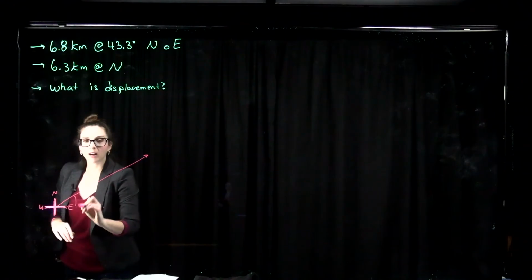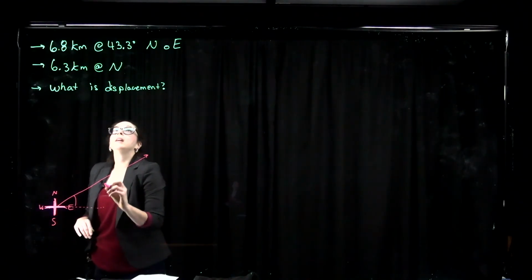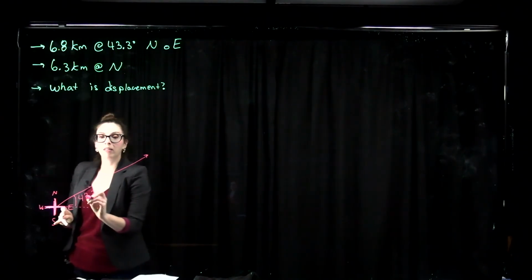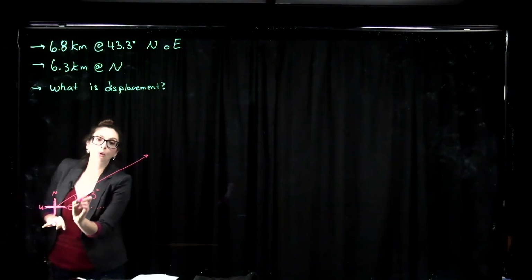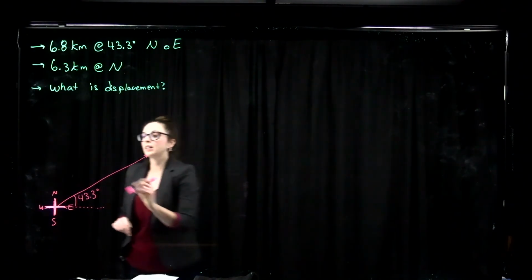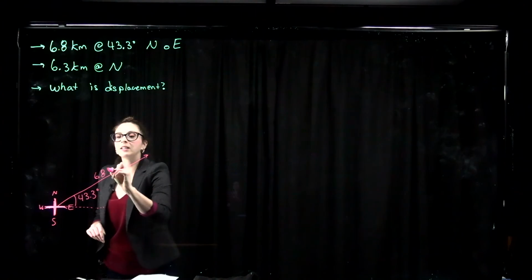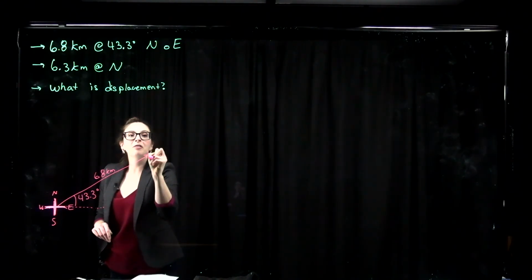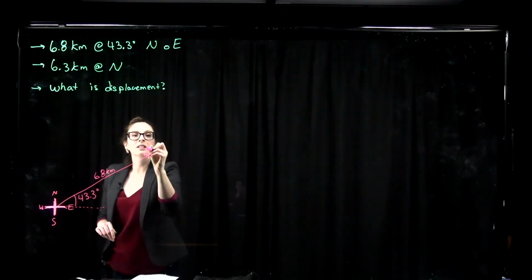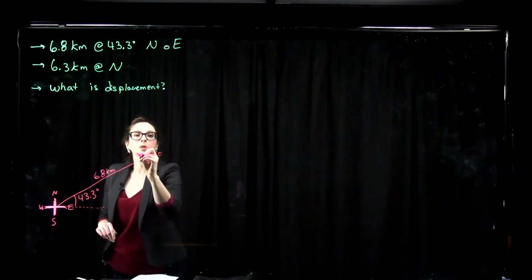And this angle right here is going to be that 43.3 degrees. This is my angle north of east, and this has a length of 6.8 kilometers. And then from there, I'm going to draw in another little X, north, south, east, west.